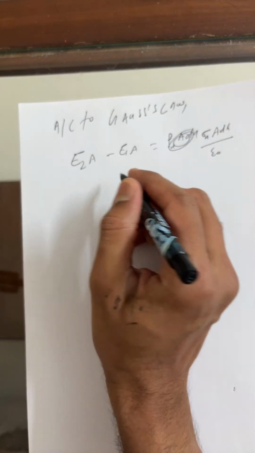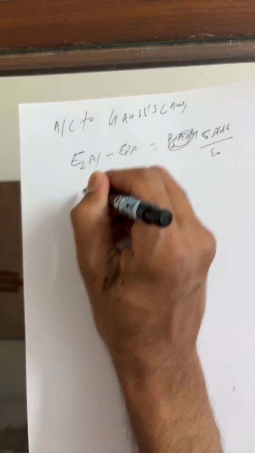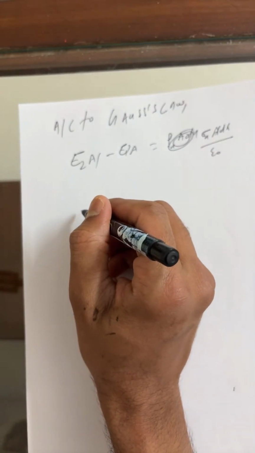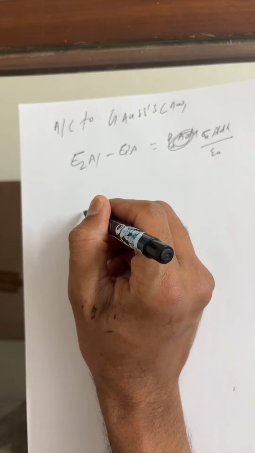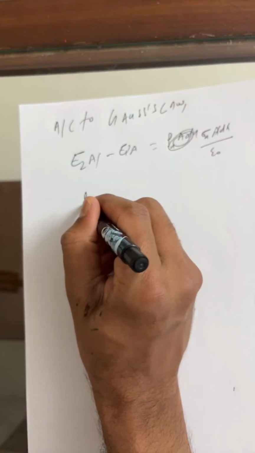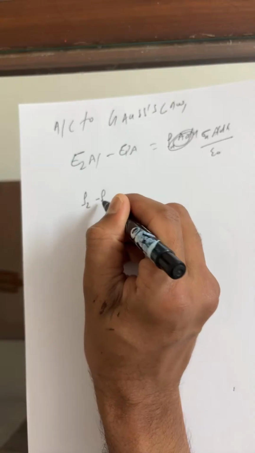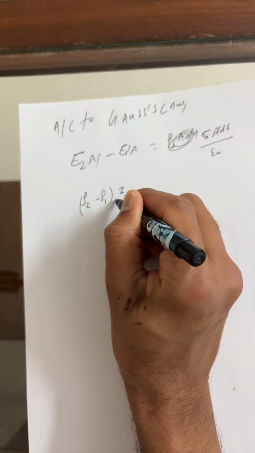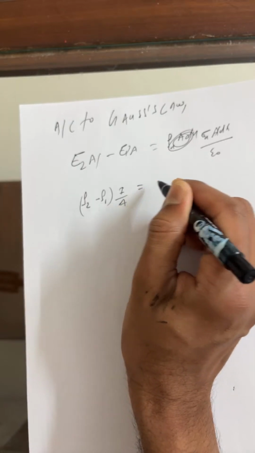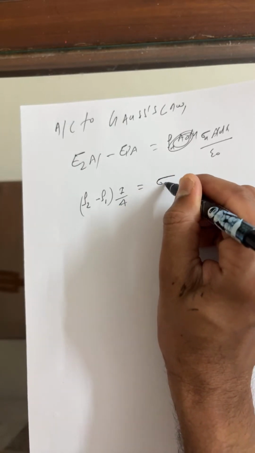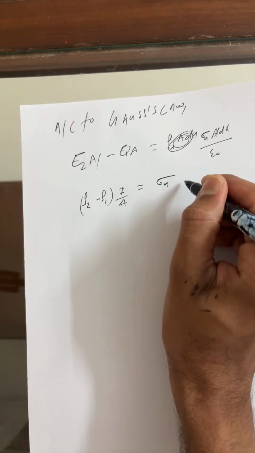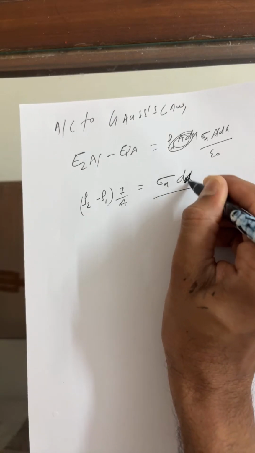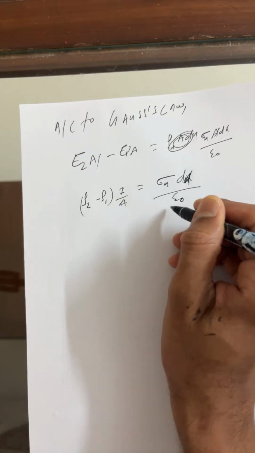So A cancels everywhere, and the electric field I can write here, that is ρ2 minus ρ1, students, I by A, which is equal to sigma x into dx upon epsilon naught.